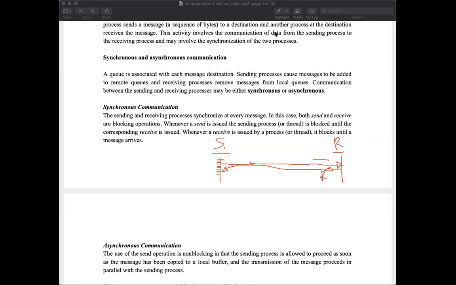So both the receiver and the sender are blocked in the communication in synchronous, right?